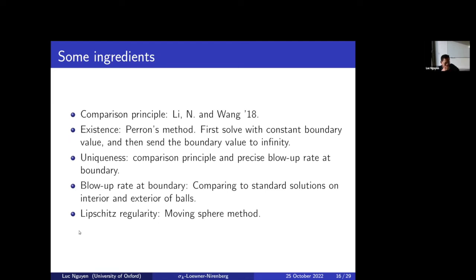Then this agenda will run into some problems. At the moment we don't have a comparison principle on general Riemannian manifolds. And to use Perron's method, we would need to create a large class of barriers, and that's also missing in the Riemannian setting.